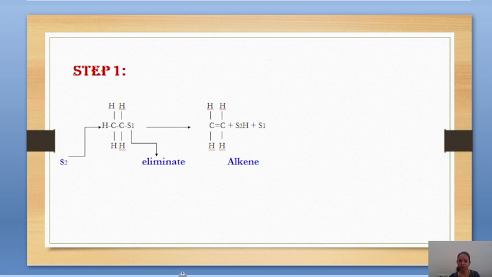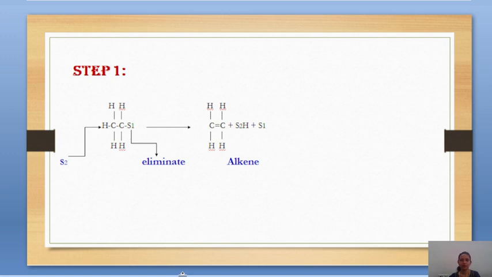In E1 we formed the alkene in 2 steps, and in E2 we formed the alkene in 1 step. In E1 we formed a carbocation in the first step, and in the second step the carbocation is attacked by another substituent, and then we finally got our alkene. But in E2 there is only one step where two substituents react at the same time.